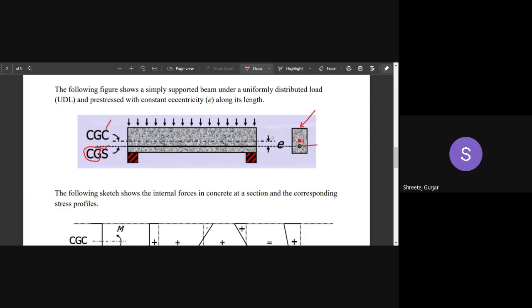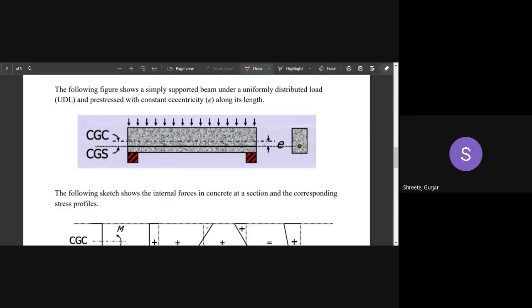The vertical distance between these two is nothing but your eccentricity. Remember always, the eccentricity is always the vertical distance between your CGC and your CGS. This is denoted by small e.